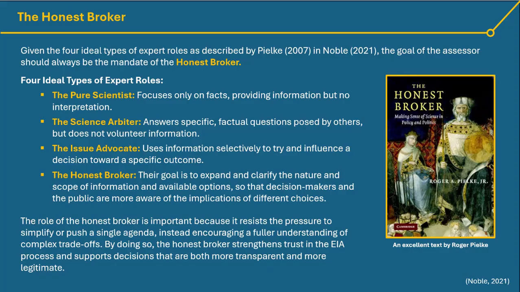Either way, they're definitely not neutral. Now, sometimes advocacy is necessary, particularly for marginalized voices. But in EIA, assessors are expected to avoid this role to maintain overall trust in the process. That doesn't mean that there aren't going to be issue advocates involved. It just means that our assessor should not be an issue advocate.